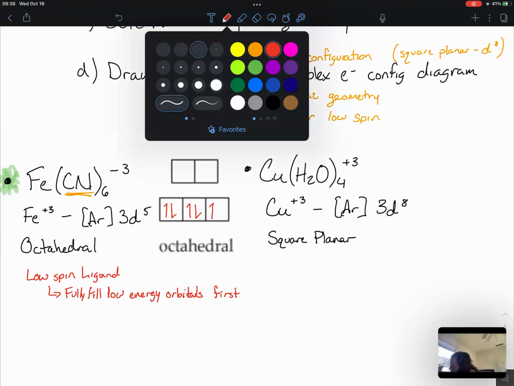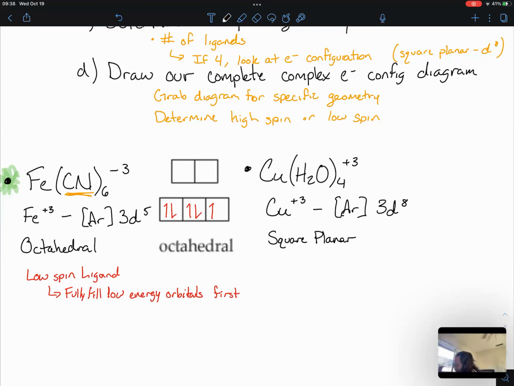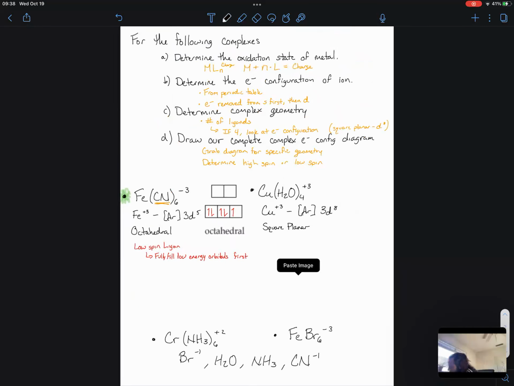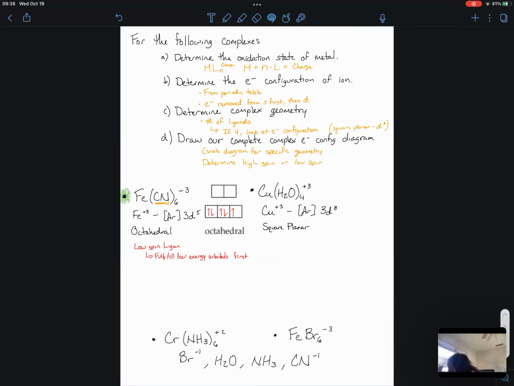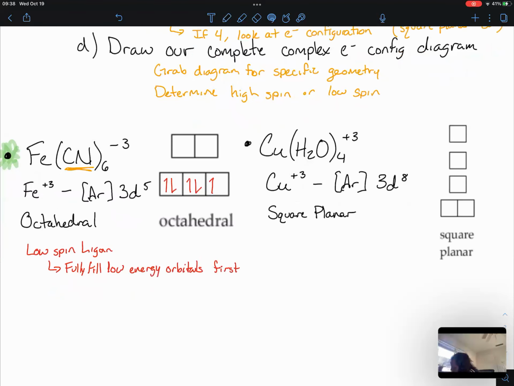So square planar, I'm going to go and grab my square planar diagram to get rid of all this noise. It's this one here. Okay. And now I have to fill it in. For square planars, they are always low spin.